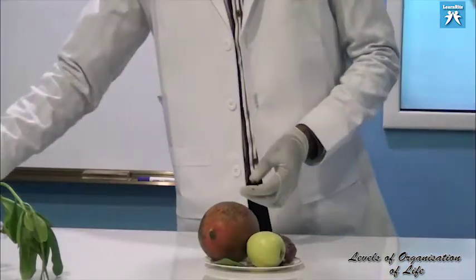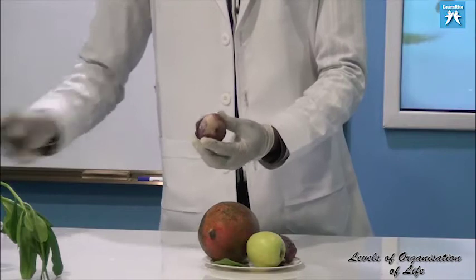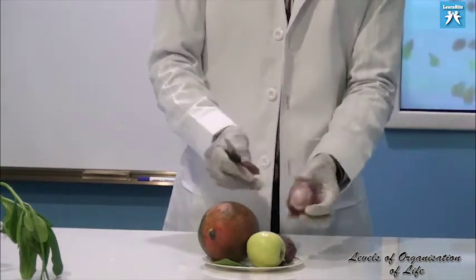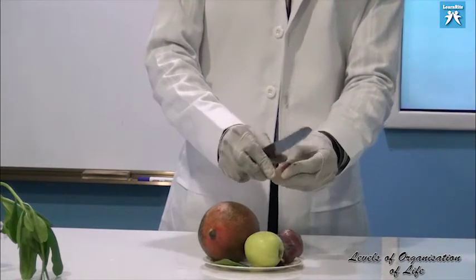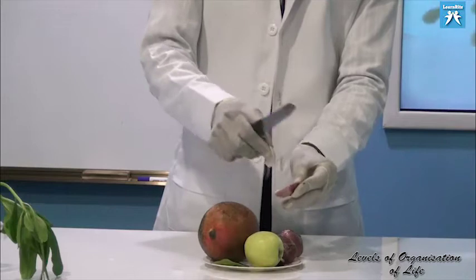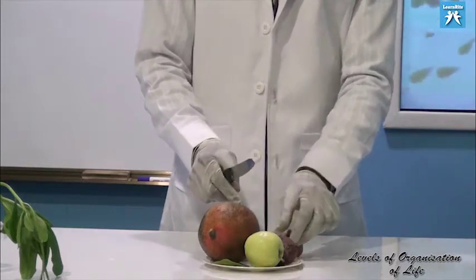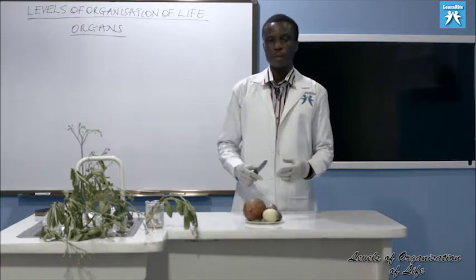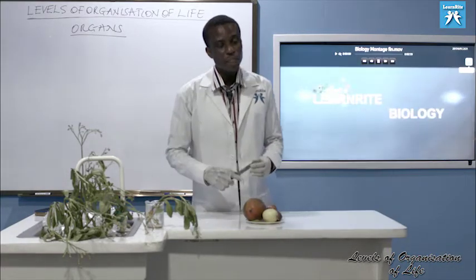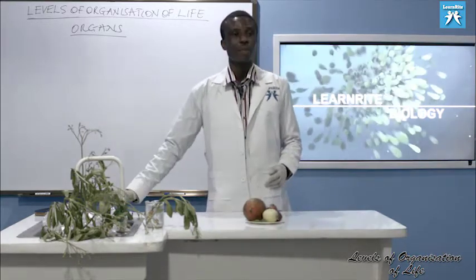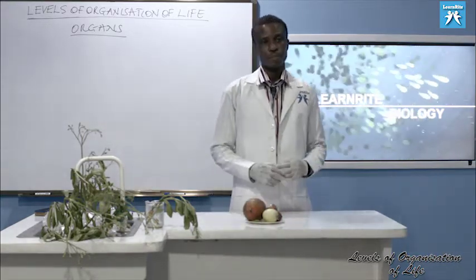If you look at an onion bulb, the leaves store food. These are food storage leaves. Some leaves are for vegetative propagation, but the original function of a leaf is photosynthesis and transpiration.